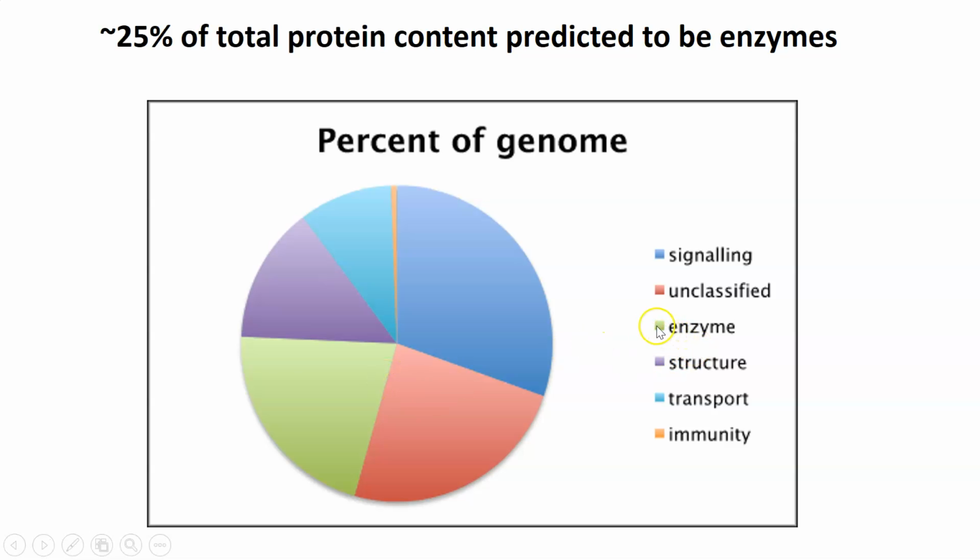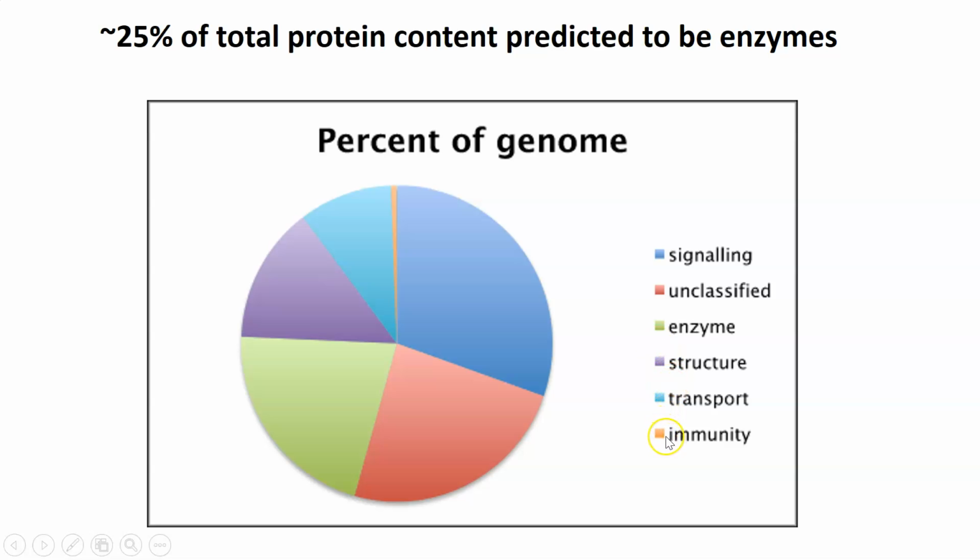So if we look at this green sector here, about 25% of the genome codes for proteins which are specifically enzymes. There are other proteins as well, but the ones which code specifically for enzymes amount to 25%. So you can compare that to something like immunity.